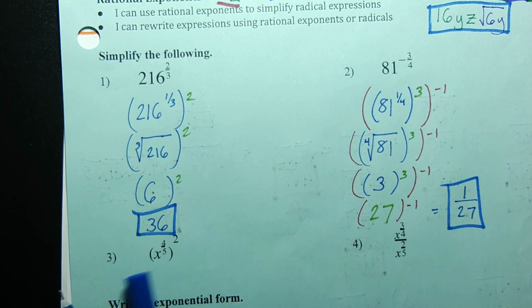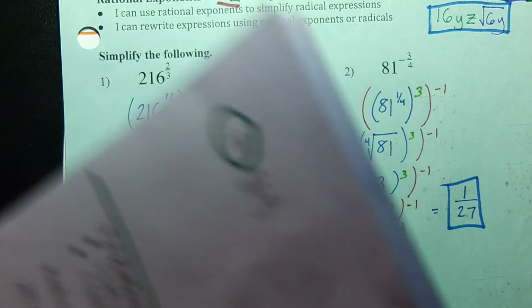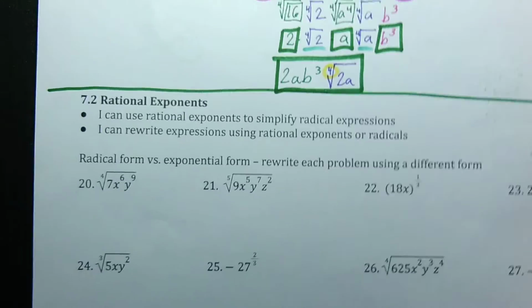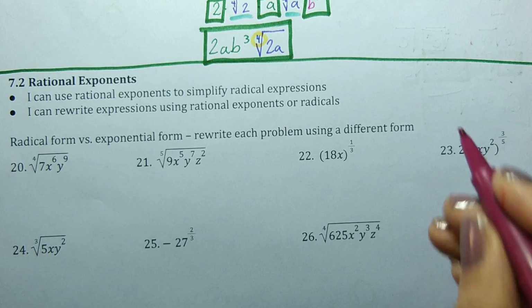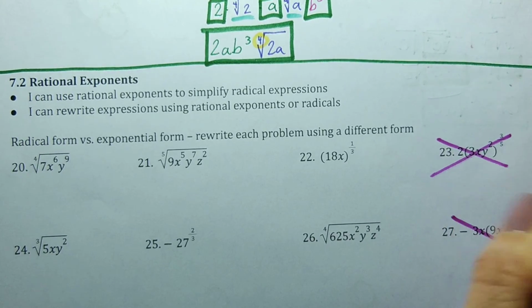All right, folks, so here is what we are going to do. In your purple homework packet, I want you to cross off number 23 and 27.